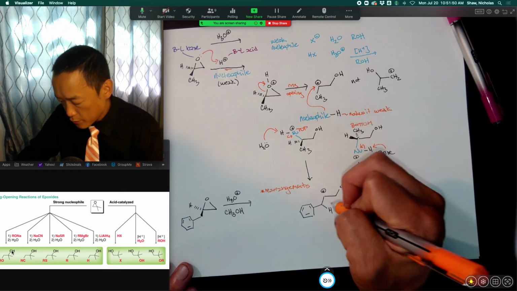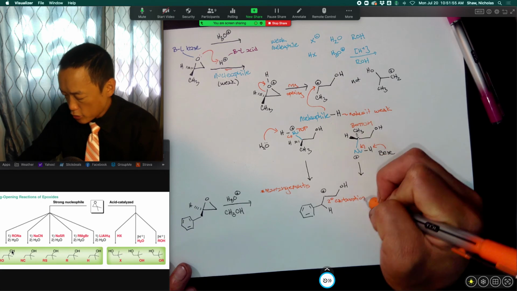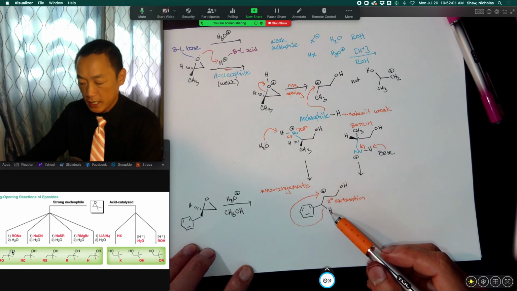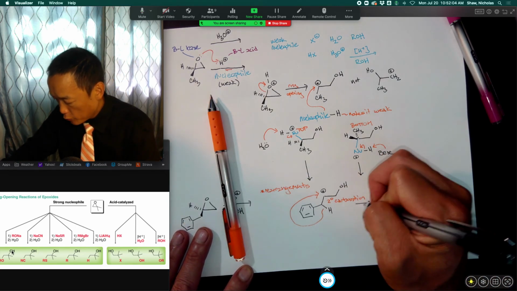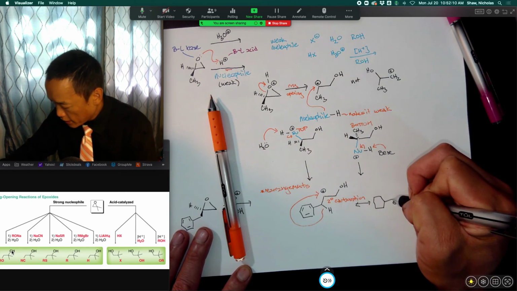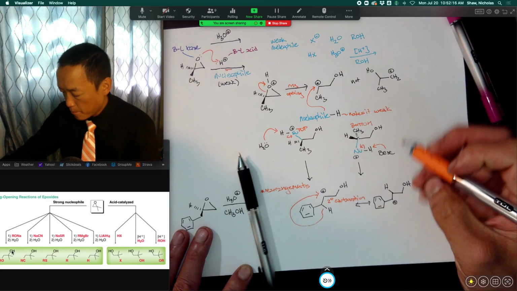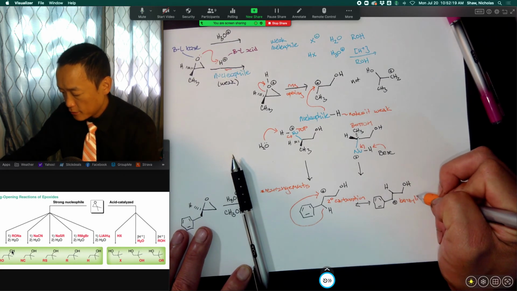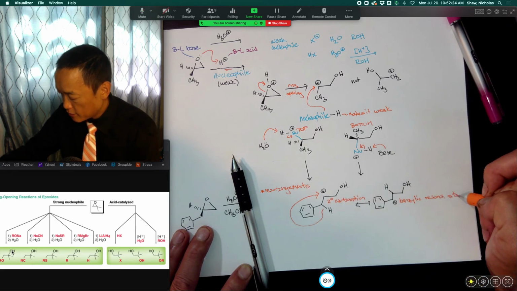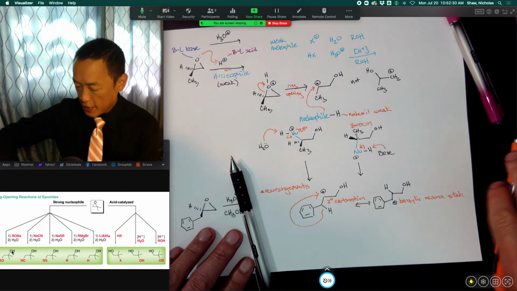We have a secondary carbocation here that could potentially, if we satiate that plus charge with the electrons and the protons here, we would end up synthesizing a carbocation now that is benzylic, resonance stabilized right here, which is significantly more stable.